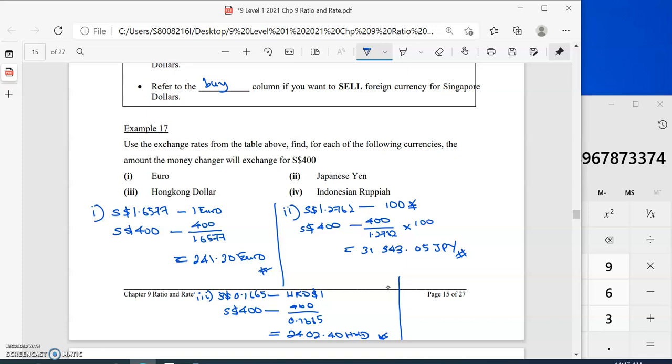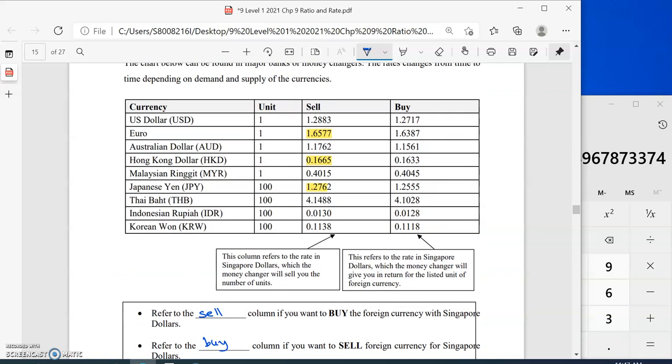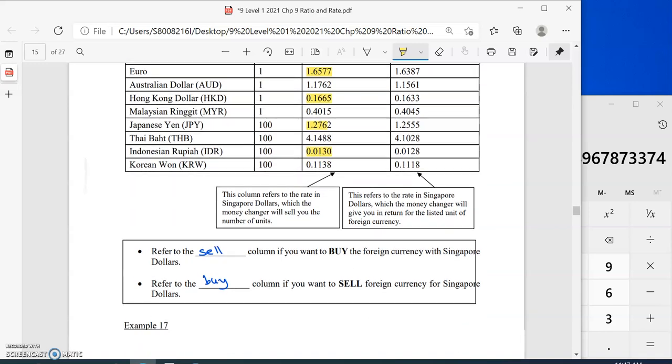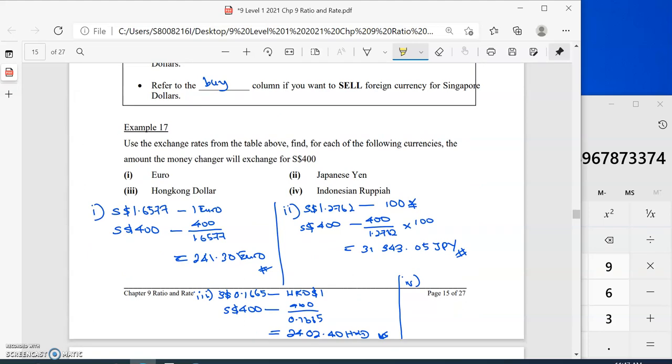Last one, Indonesian rupiah. I'm going to bring my Singapore dollars to buy Indonesian rupiah. Me buying means the money changer is going to sell. I can see that the money changer is willing to sell me 100 units of Indonesian rupiah at Singapore dollars 0.0130. So with Sing 400, I'm going to receive 400 divided by 0.013 multiplied by 100, because I'm getting 100 units of it.